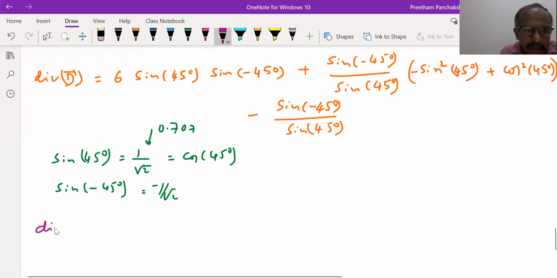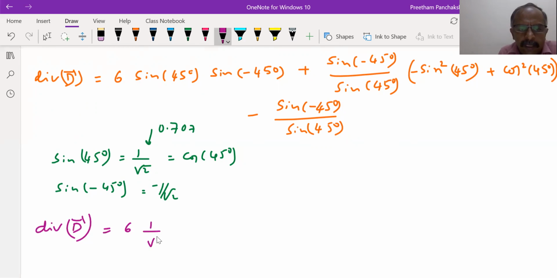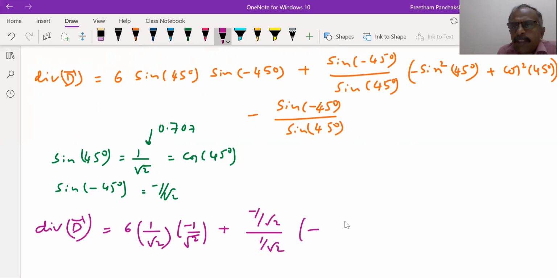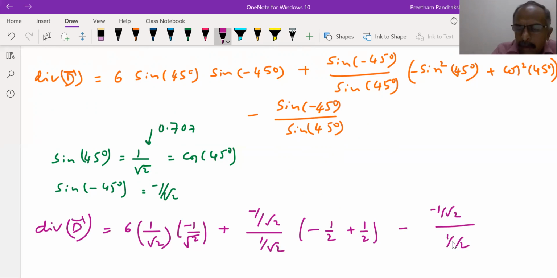So now the divergence of D becomes 6 by root 2 minus 1 by root 2 from the first term, then minus 1 by root 2 in the numerator plus 1 by root 2 in the denominator, minus sin square theta, 1 by root 2 whole square, nothing but 1 by 2, and cos square, 1 by root 2 whole square is 1 by 2. In the last step, same way, minus 1 by root 2 in the numerator and plus 1 by root 2 in the denominator.